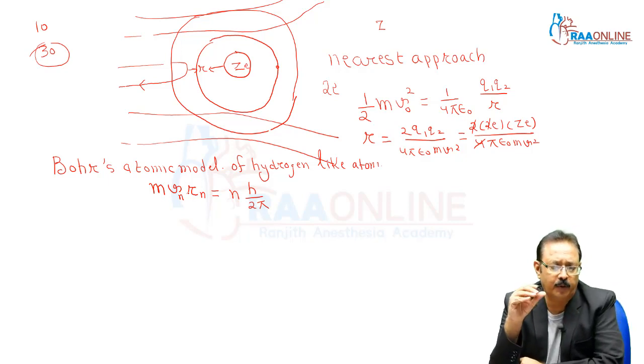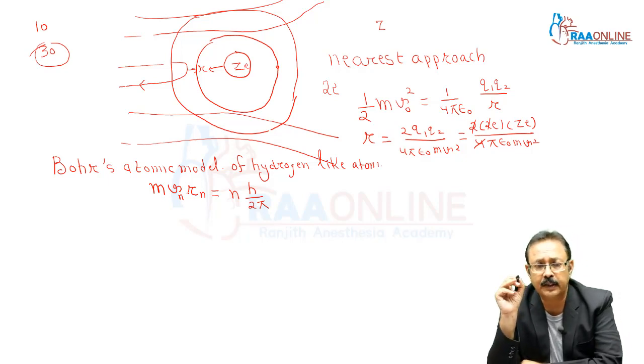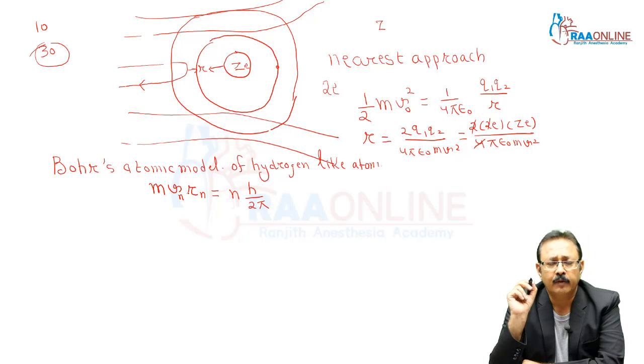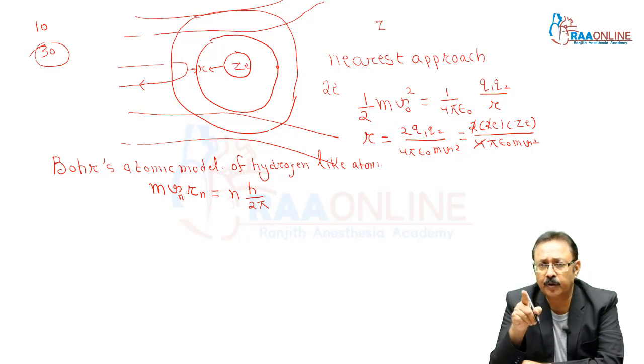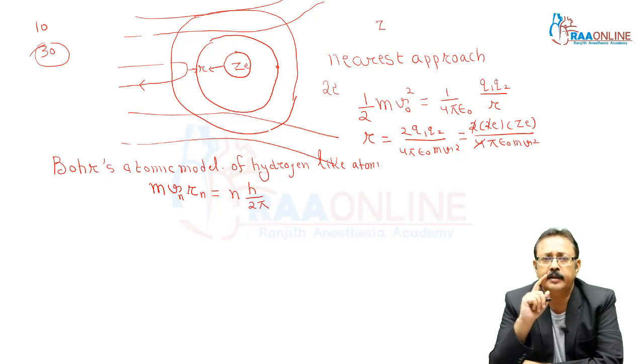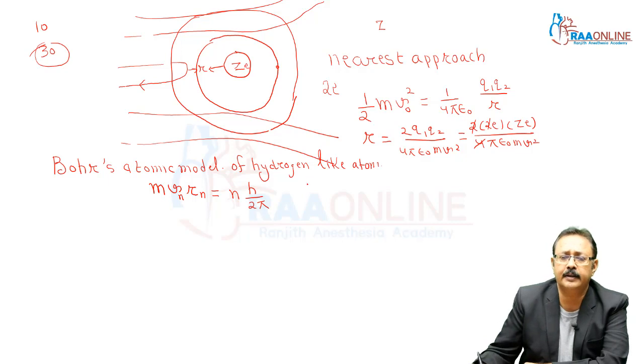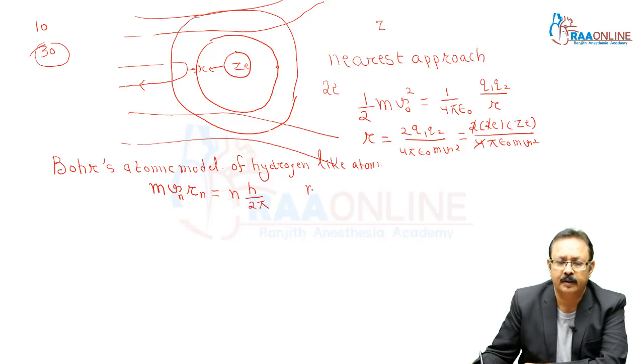It was the most important portion of that theory from which our calculation will start. We know that electrons are orbiting in circular orbits, so they need centripetal force. From where will they get centripetal force? They need this force.